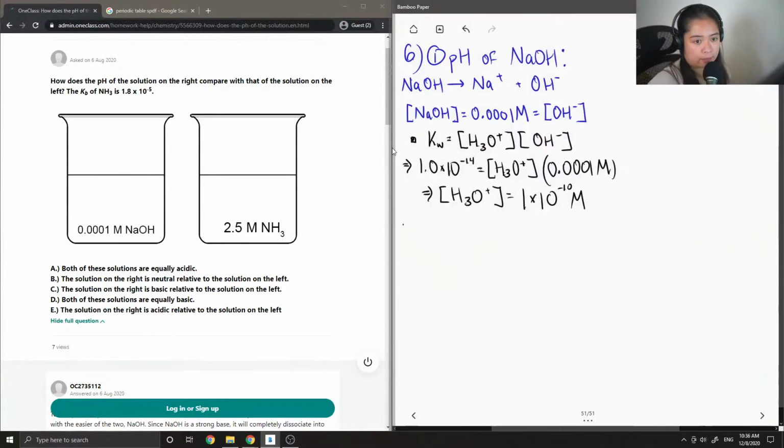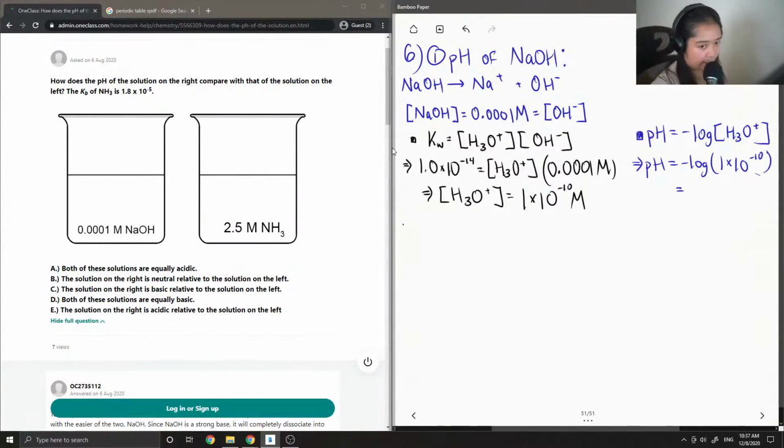Okay, so now over here we can find the pH, which is equal to the negative log of H3O plus, and in the previous step we found it was 1 times 10 to the negative 10.